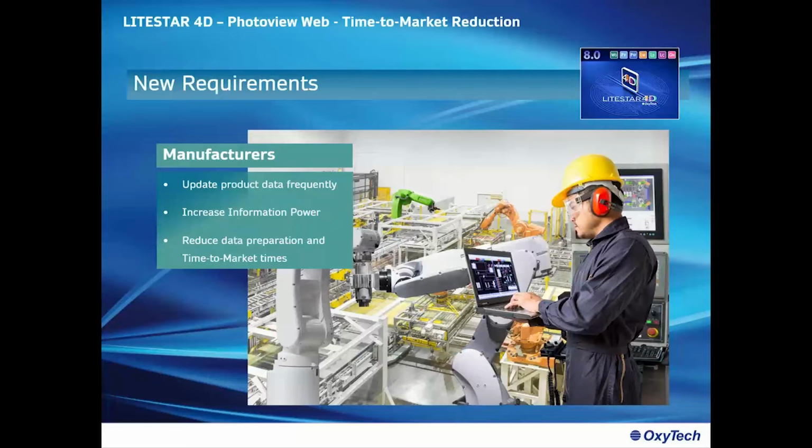Let's analyze what the new requirements coming from, for example, the manufacturers are. So the first one, obviously, is to update product data frequently. It means that the LED's characteristics are changing in a much shorter time than in the past. For example, there is the experience of my family.